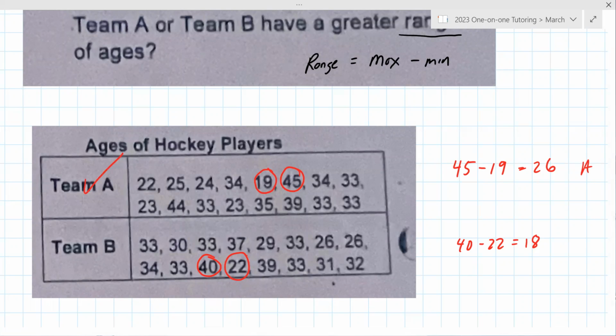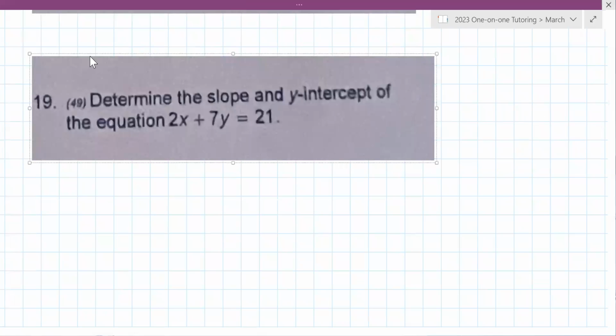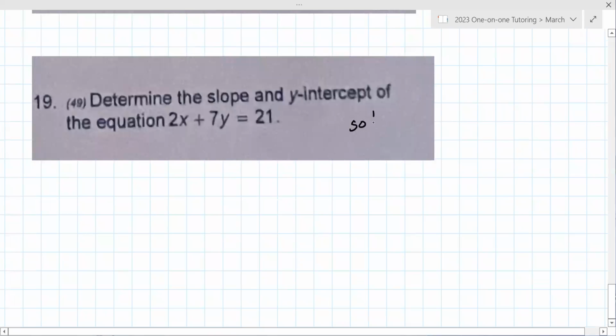All right, 19. Slope and y-intercept, slope and y-intercept, okay. So to do this, you need to solve for y. Do you want to try doing that for me, please?